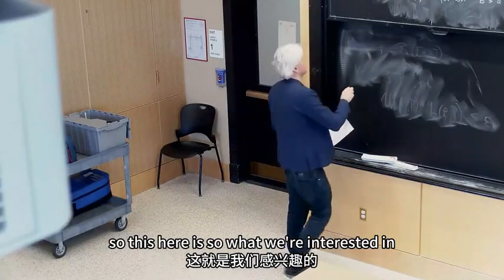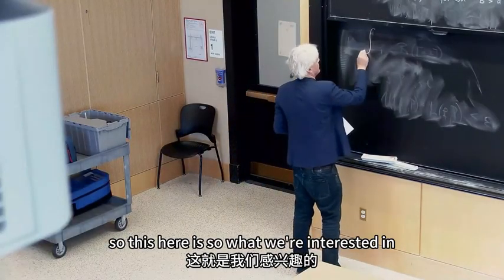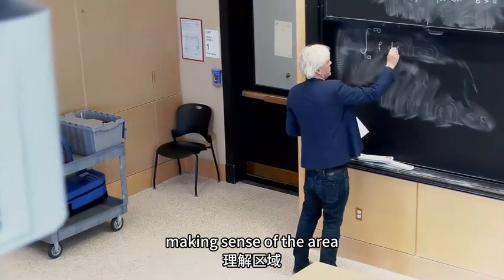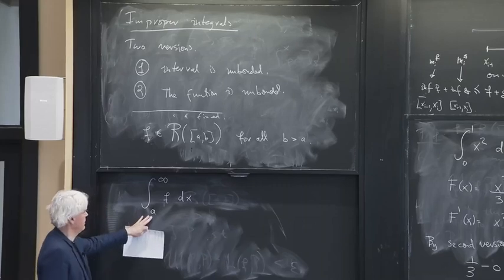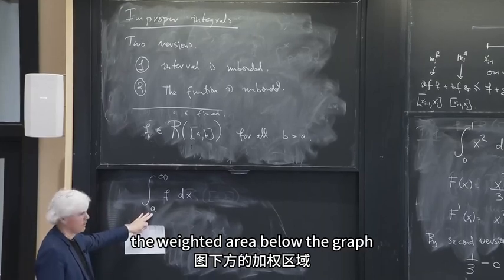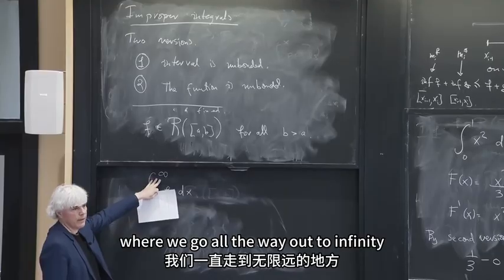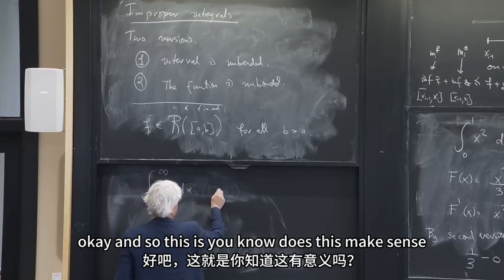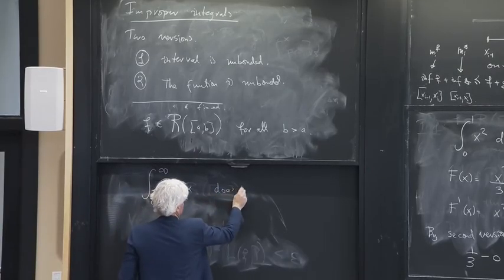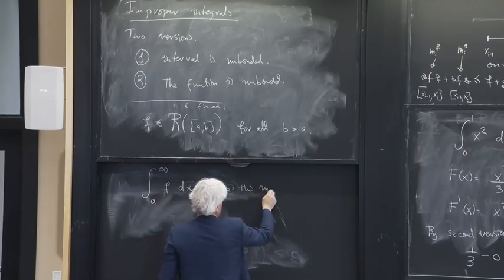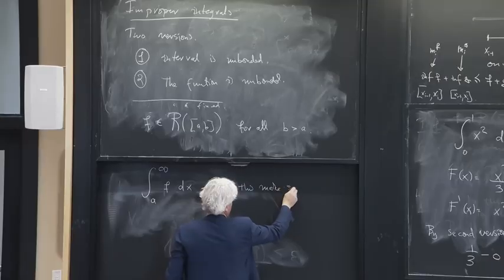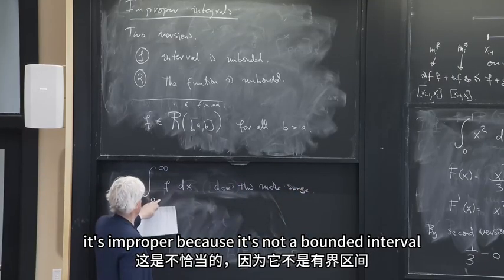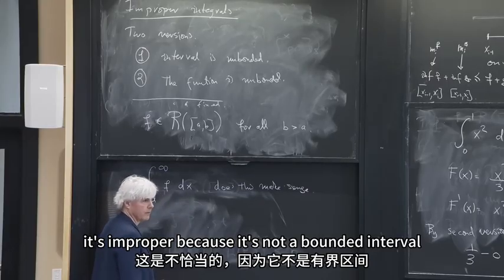So we are interested in making sense of the weighted area below the graph, where we go all the way out to infinity. Does this make sense? This is in this case the improper integral. It's improper because it's not a bounded interval.